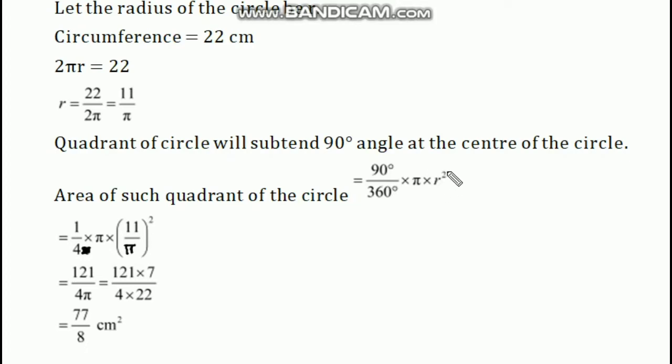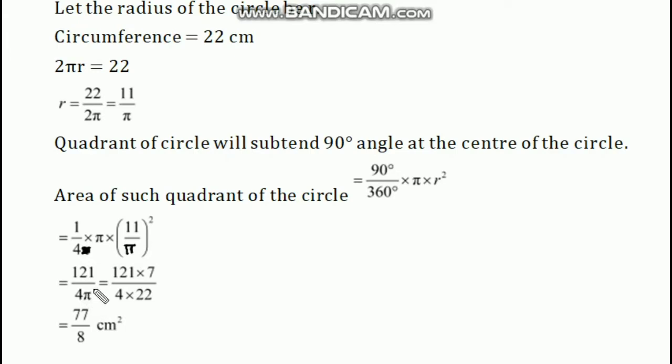The r value is 11 divided by pi, the whole square. And 11 square is 121, and pi square. Here two pi's are there, pi into pi, so one pi will be cancelled. Remaining one pi, so 4 pi, 121 divided by 4 pi.